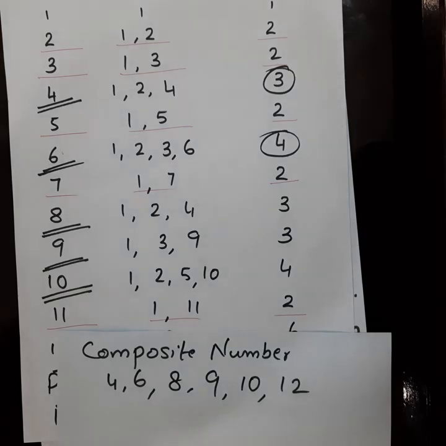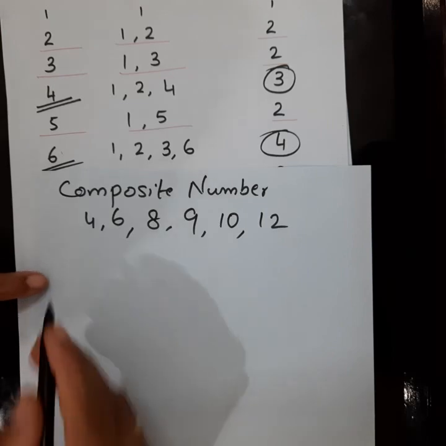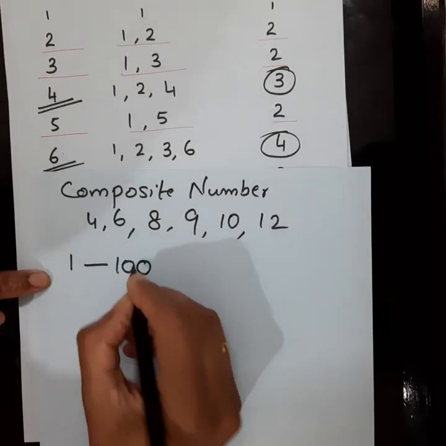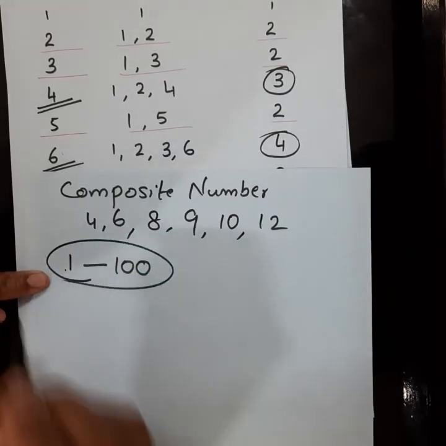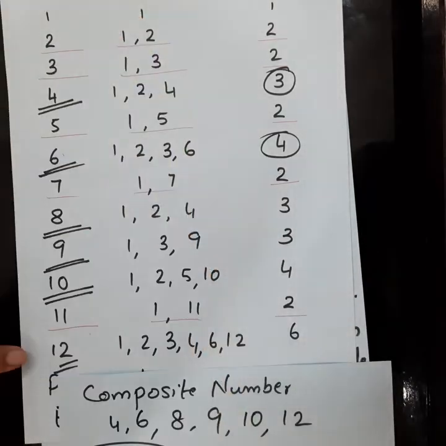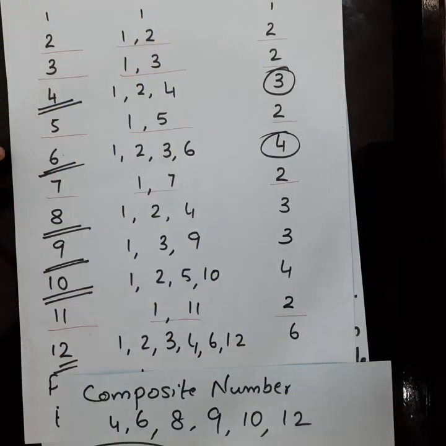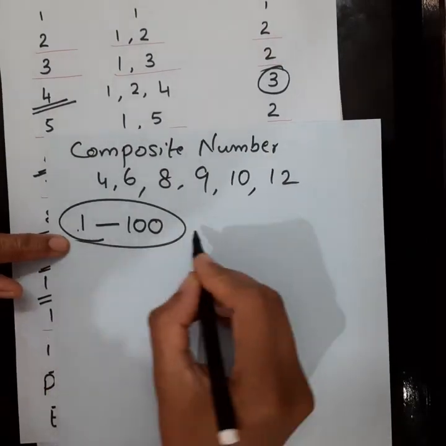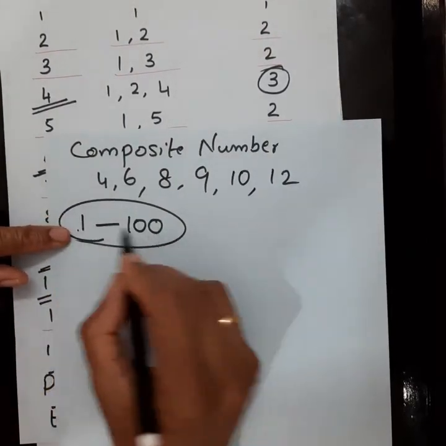Now we have to find the prime numbers from 1 to 100. In between 1 and 100, which are the prime numbers? Up to 10, 12 we got it by writing the factors. But it is very difficult to write the factors of all the numbers from 1 to 100.